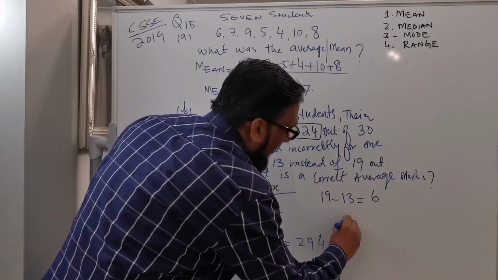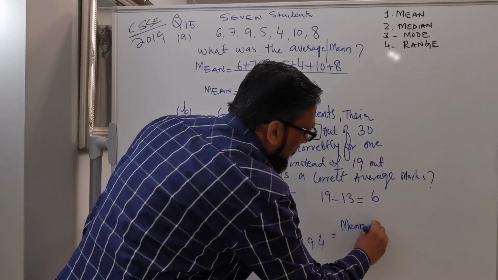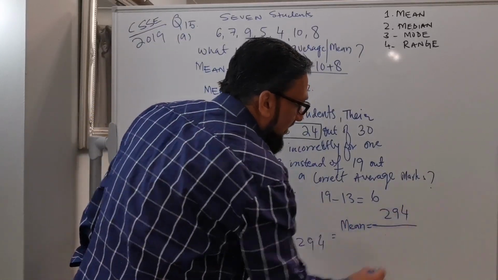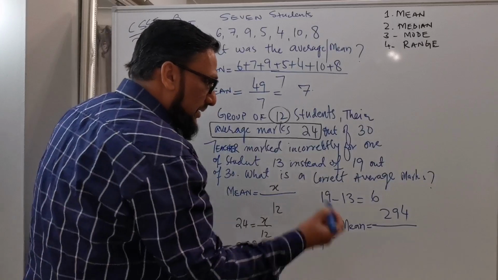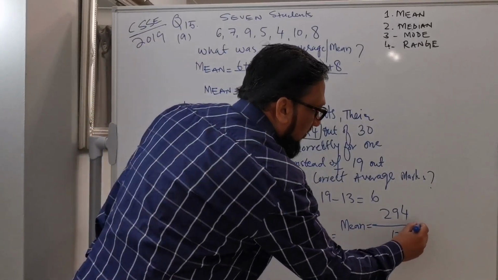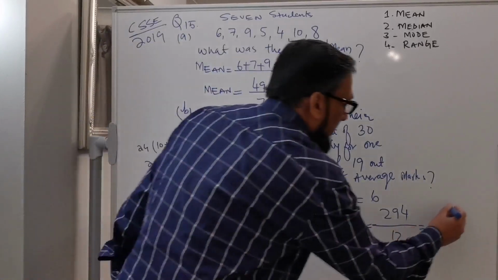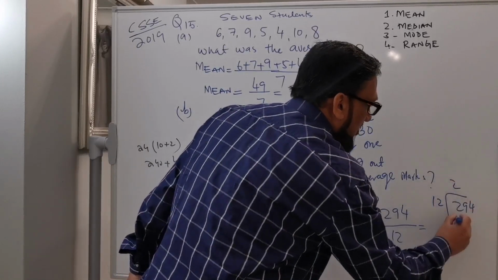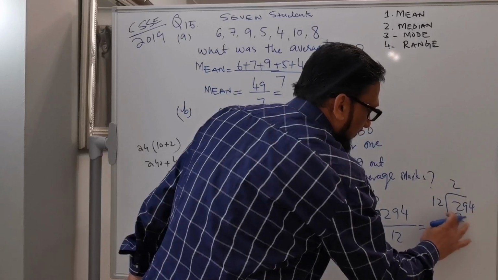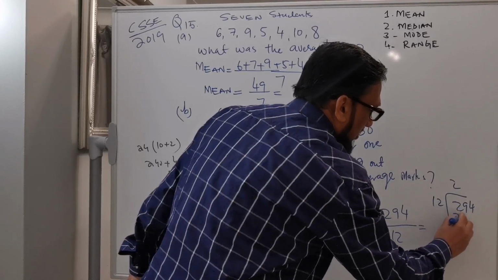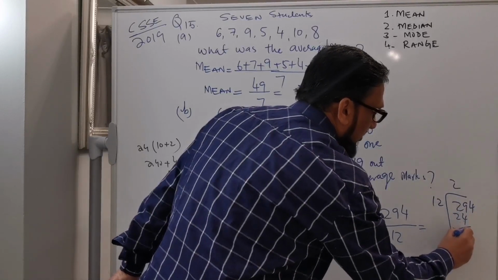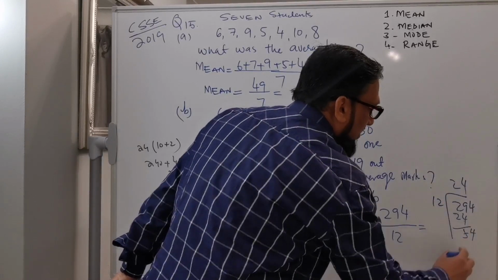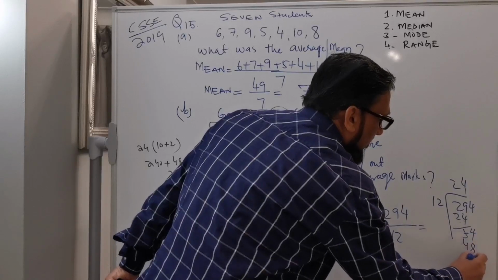the mean equals 294 divided by 12. 12 times 2 is 24, and the remainder is 5. Bring down the 4 to make 54. 12 times 4 is 48.